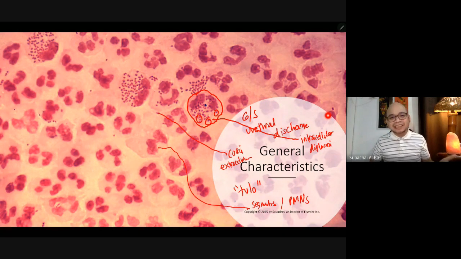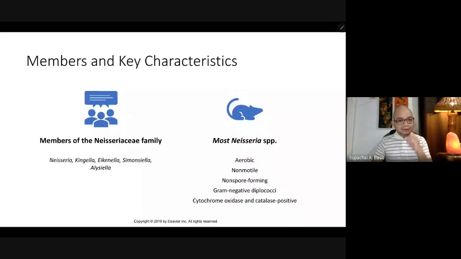Our lesson for tonight is very interesting because you learn a lot. You learn about one of the STIs, or sexually transmitted infections. So let's discuss first the family Neisseriaceae.